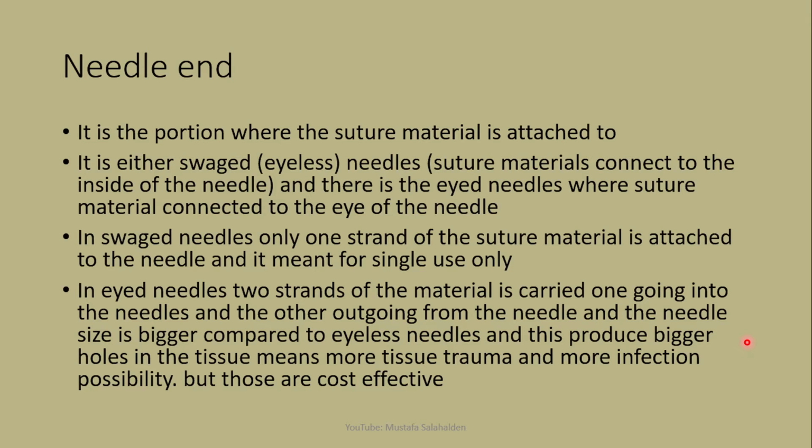And the needle size is bigger compared to the eyeless needles, and this produces bigger holes in the tissue, which means more tissue trauma and more infection possibility. But those are cost effective because you can reuse the eyed needles, while the swage needles you can't reuse.